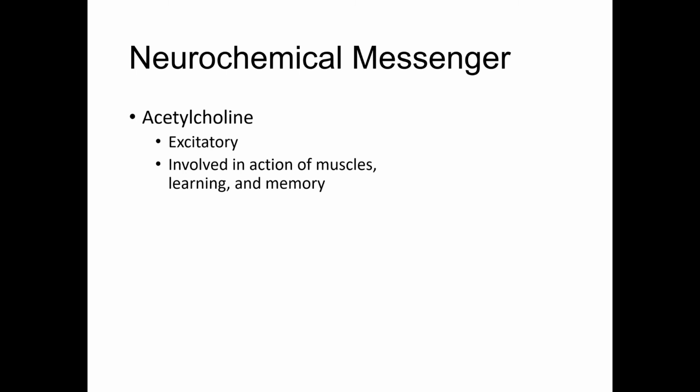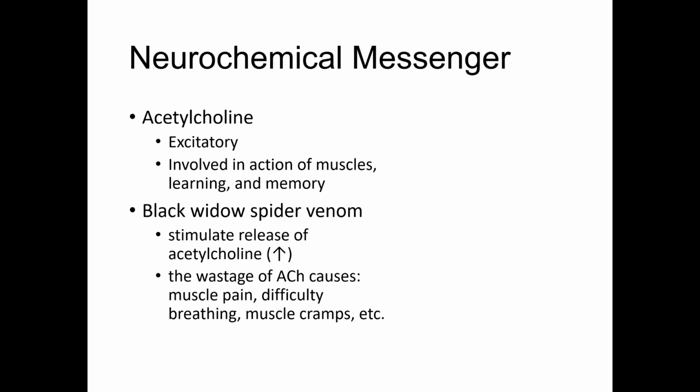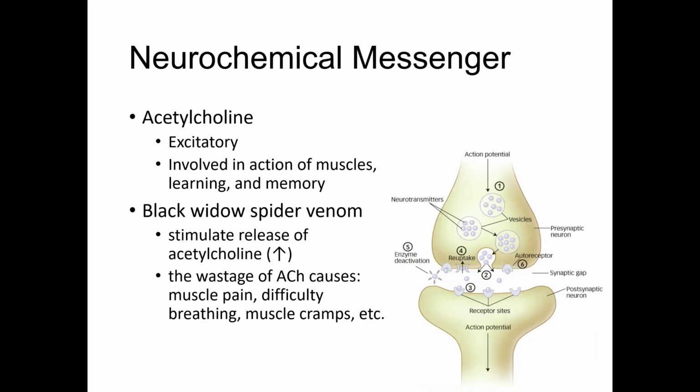And one substance that targets acetylcholine is the black widow spider venom, which stimulates release of acetylcholine. And because the wastage of acetylcholine is known to cause, for example, muscle pain, difficulty breathing, and muscle cramps, we can think of too much acetylcholine as related to an excessive movement of our muscles.